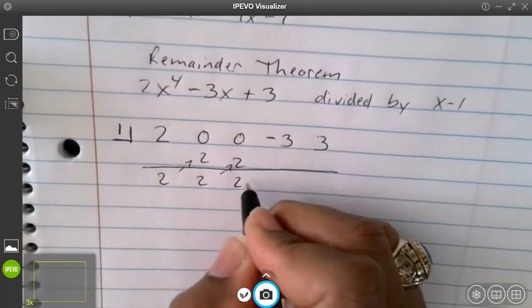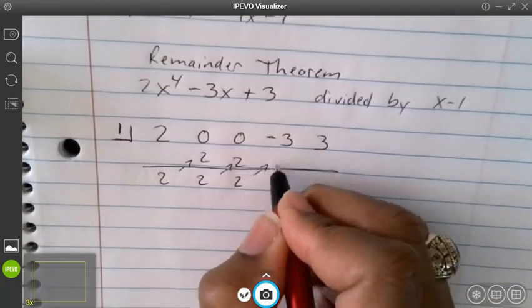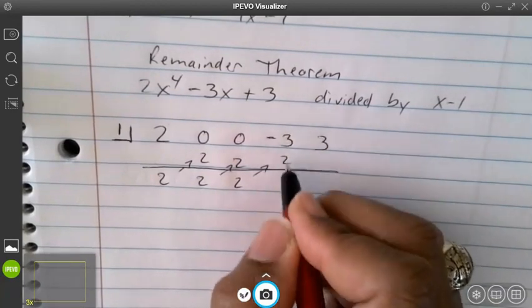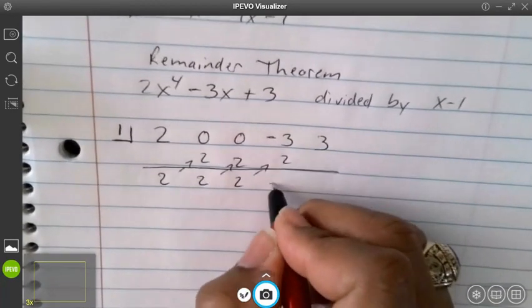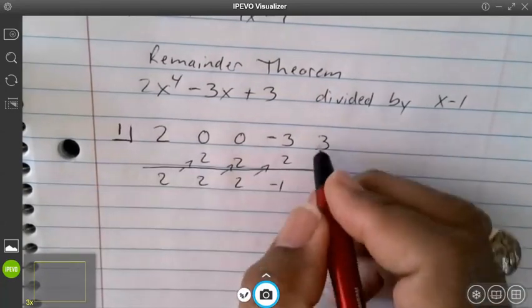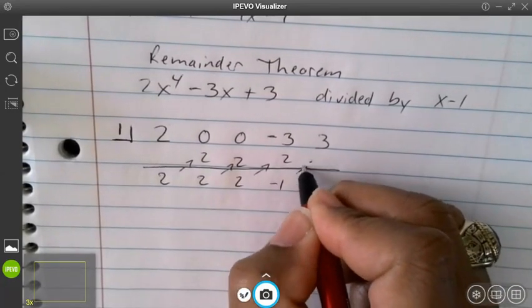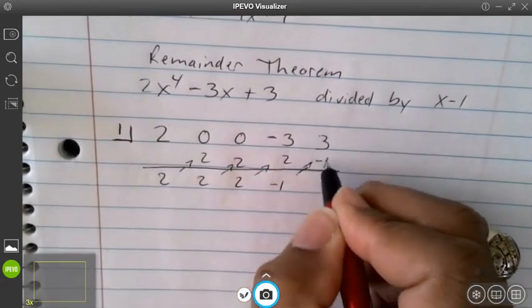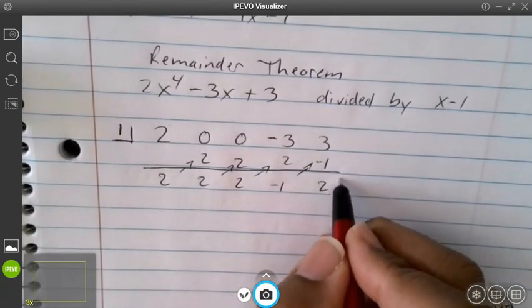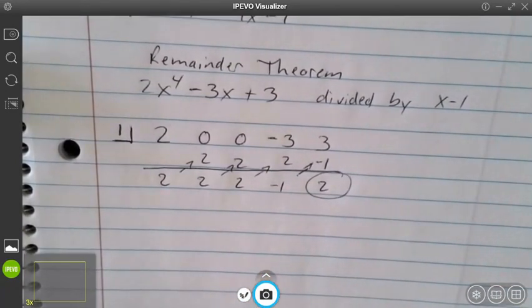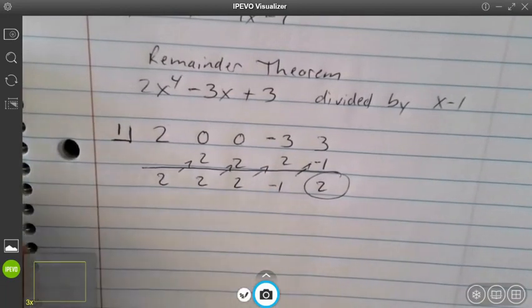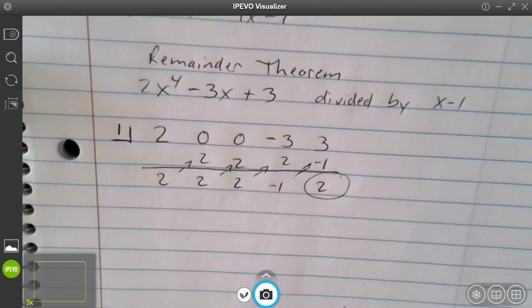Add that together, I get 2. Multiply, I get 2. Now when I combine here, that gives me negative 1. When I multiply, it gives me negative 1. When I combine that, I get 2. So your answer is 2. So your remainder is 2. That's what they're asking when you do the remainder theorem.